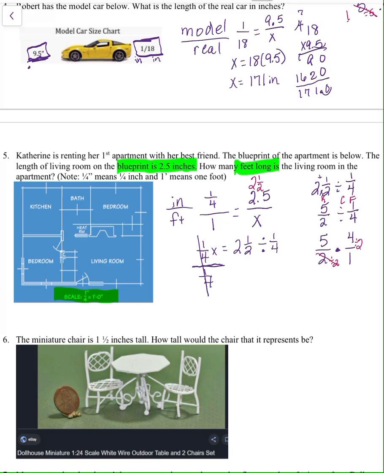So 2 divided by 2 is 1, and 4 divided by 2 is 2. So 5 times 2 is 10. 1 times 1 is 1. So X equals 10 feet. So her apartment's living room will be 10 feet long.